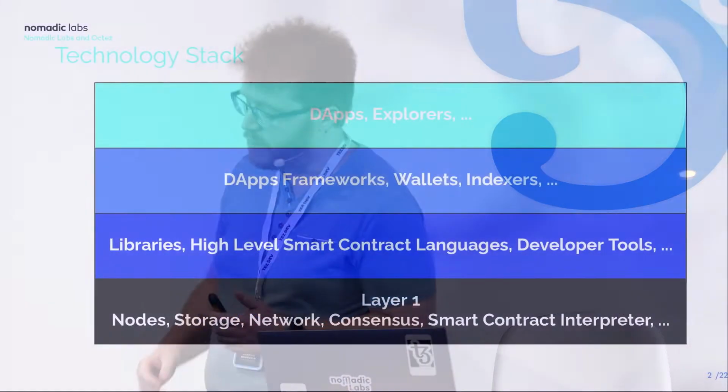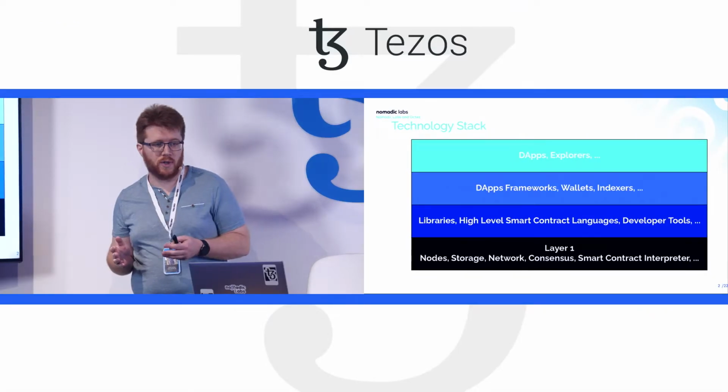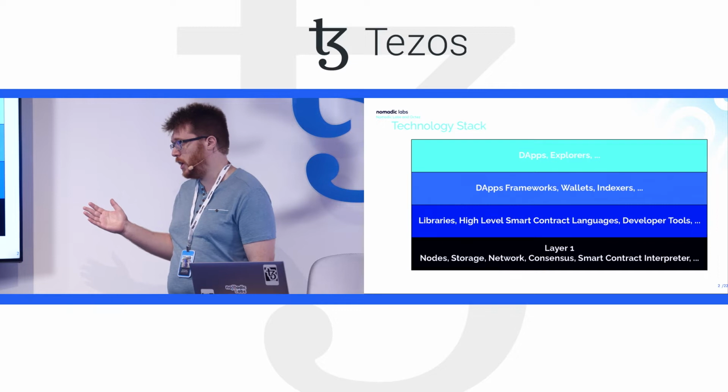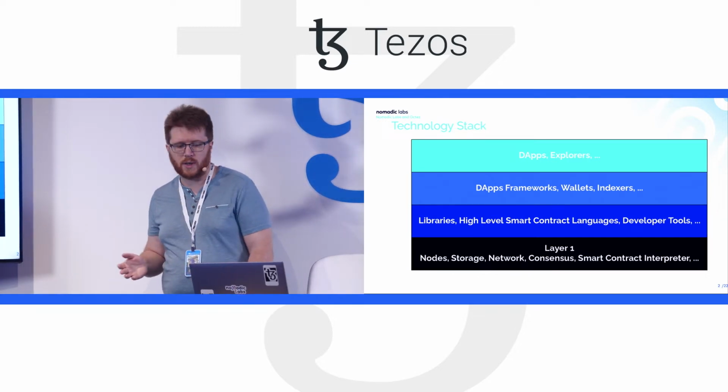So before diving into Octez, let's look at the usual technology stack of blockchains. First, you have the layer one, where you can find all the tools to run the infrastructure of the network. So nodes, storage, all the necessary tools to run the network, the consensus, the smart contract interpreter.